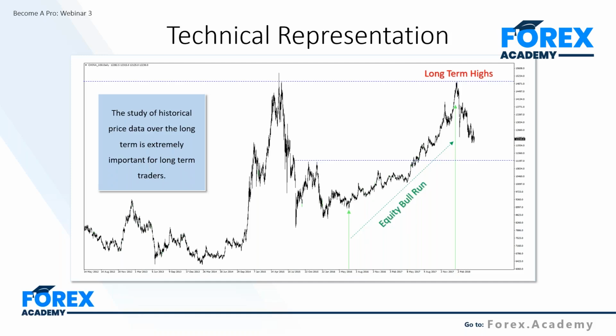So we can simply take that as an assumption with efficient market analysis and look to trade that price. So here we have technical representation here. The chart in front is actually the Chinese equity index, the A50, a leading blue chip, heavy weighted in industrials and construction, of course. The study of historical price data over the long term is extremely important for long-term traders.